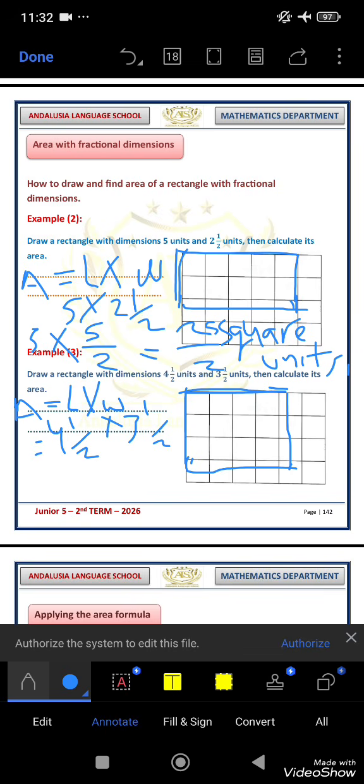Let's change the mixed numbers to improper fractions. 4 times 2 is 8 plus 1 is 9 over 2, times 3 times 2 is 6 plus 1 is 7 over 2. 7 times 9 will be 63 over 4 square units. And do we have the simplest form here? No, we don't.